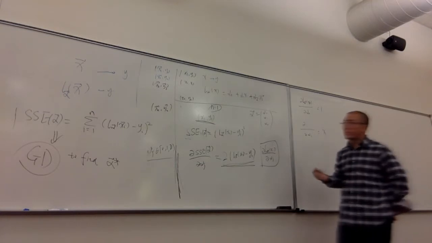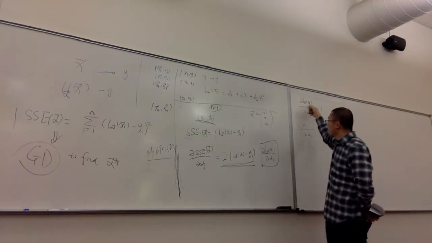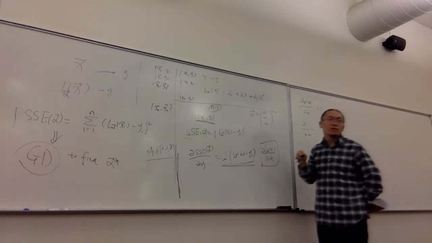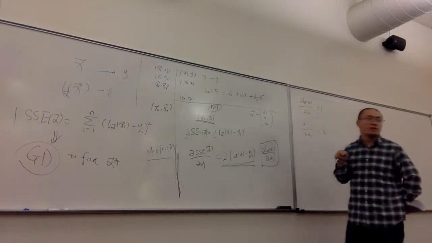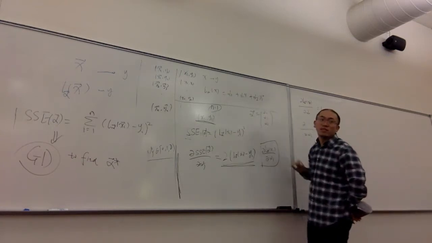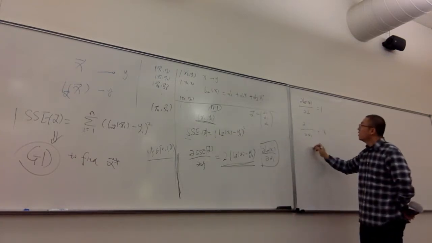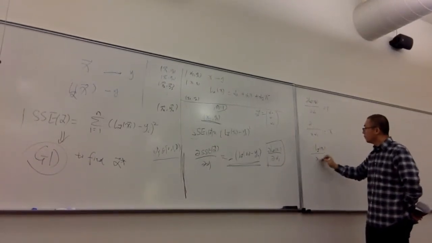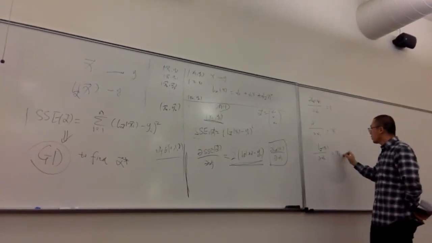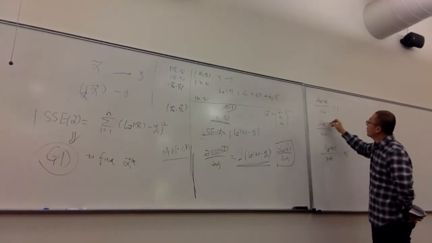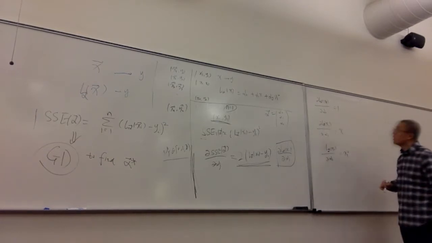And what is the partial derivative of our regression function at x1 with respect to alpha 2? Just here, right? x1 squared. So let me write down everything clearly.